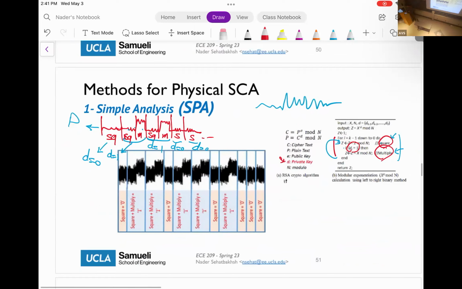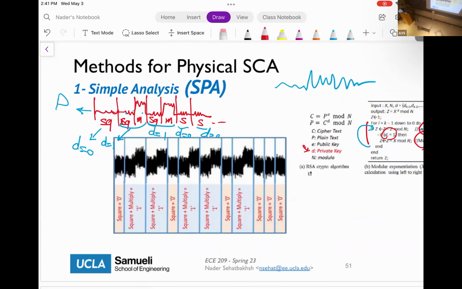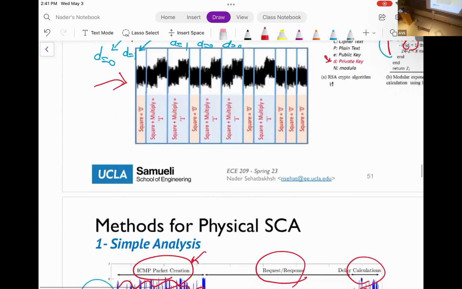You can see different phases in the program. Some phases are square-multiply, and some phases are multiply alone. And by seeing that, you can tell whether the bit of E, which was the secret key, is equal to 0 or 1 just by looking at the pattern in the signal, right? And this pattern can be seen by anybody. So that's the problem we're having.